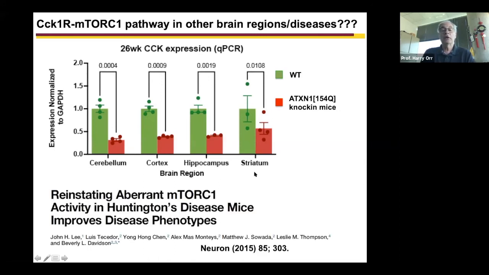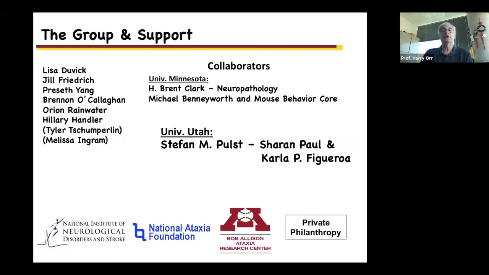And interestingly, it was reported several years ago that restoring mTOR signaling activity in a Huntington's disease mouse model improves the disease phenotype. So we're intrigued with the idea that the CCK and CCK1 receptor pathway may have broader implications in different regions in other neurodegenerative diseases.